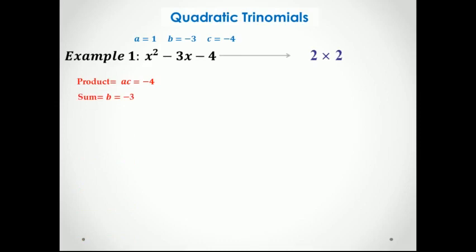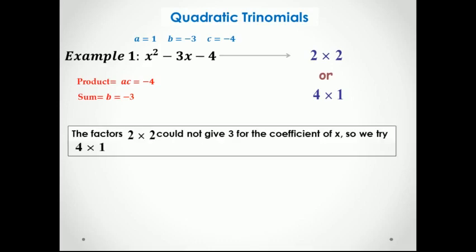Of course we know that 2 times 2 would give us 4. However, those two numbers cannot give us the -3 that we want. So we have to consider two other factors that can multiply to give us 4. Of course 4 times 1 is another option. Now, the product is actually -4, so we'll have to make one of these numbers negative.